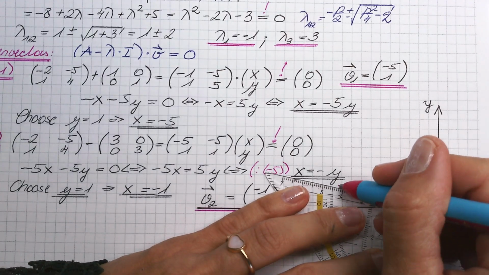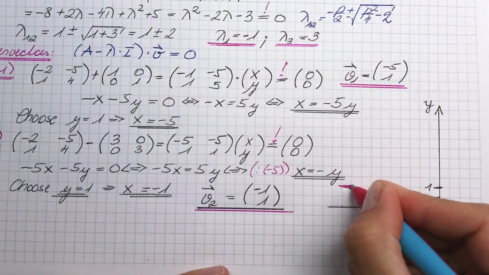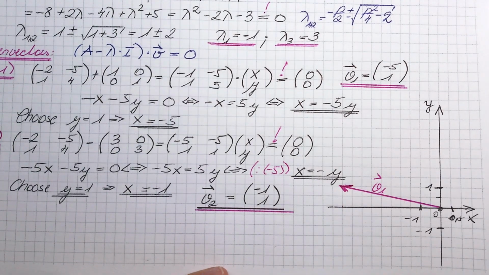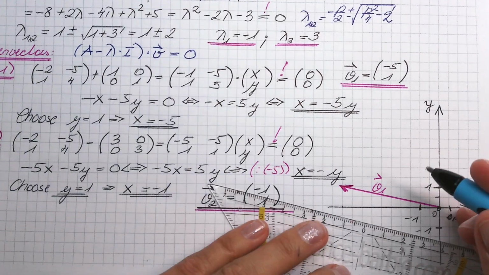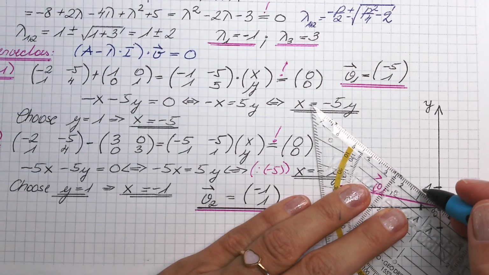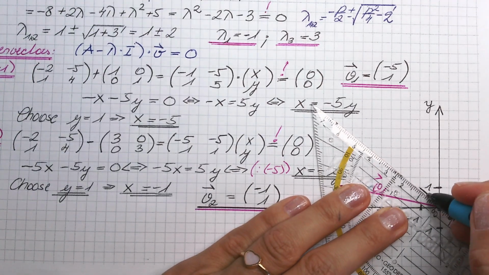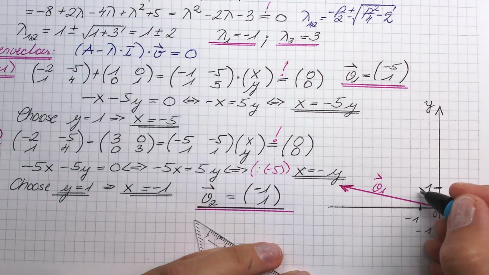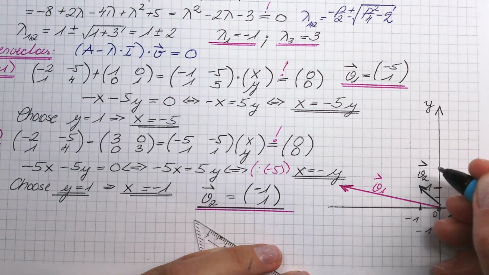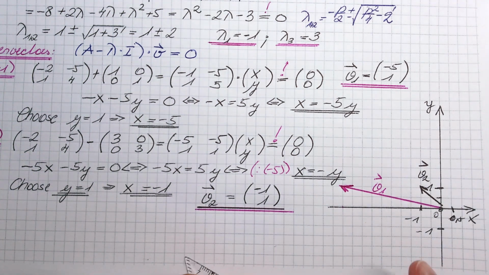Now this looks like this. That's v1, and the second one has minus 1 and 1. It looks like this. That's v2. Okay, and these two vectors are linearly independent.